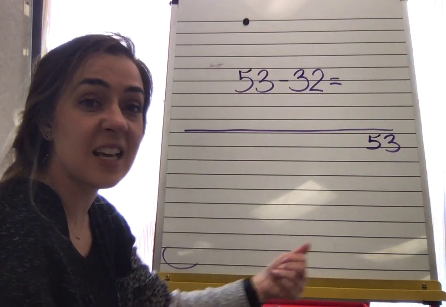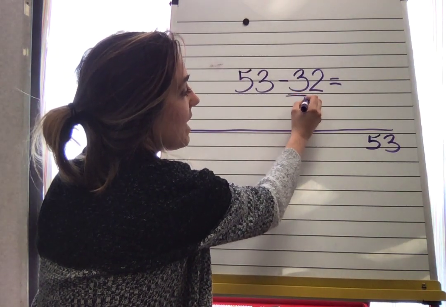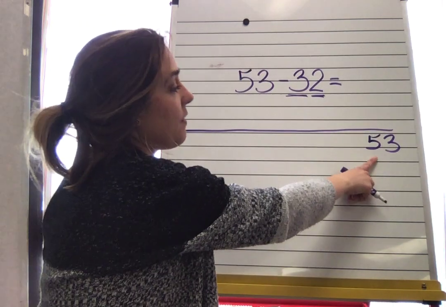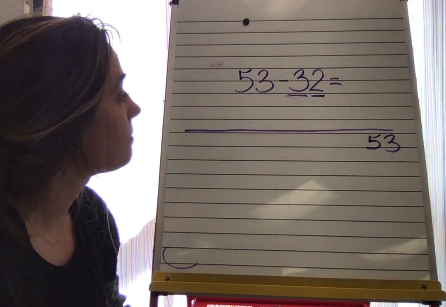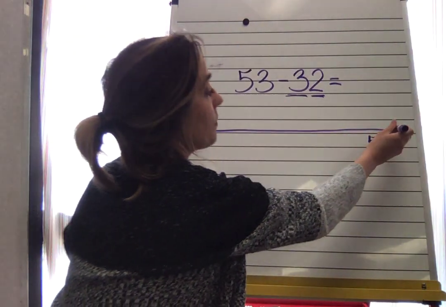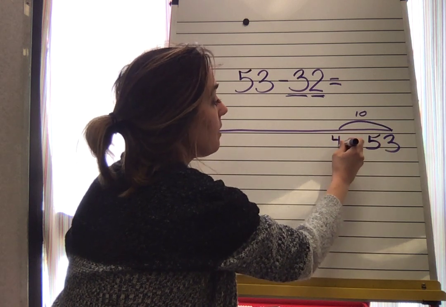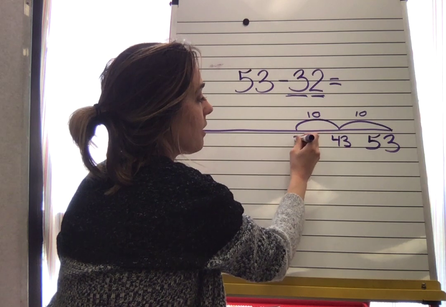Then this tells us the number of hops we need to take. This tells us how many hops of 10, and this number tells us how many hops of 1. All right, so I'm at 53. How many hops of 10 am I going to take? 3. So let's do it. 1 hop of 10, I'm at 43. Another hop of 10, I'm at 33.